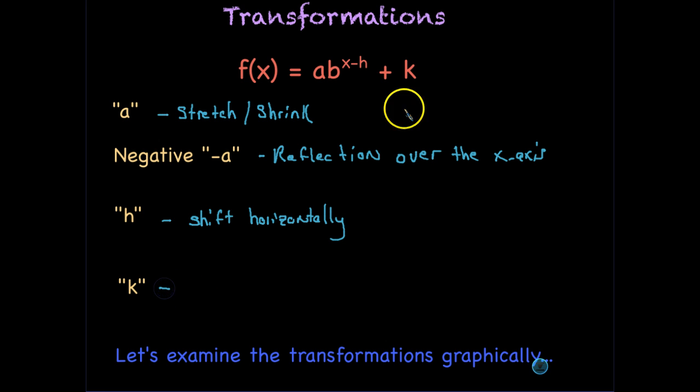And then our k on the end goes along with the y. So that shifts up and down or vertically. And these transformations are transformations that you have already seen now over and over again since the start when you were doing linear functions. Let's look at what these transformations do graphically.